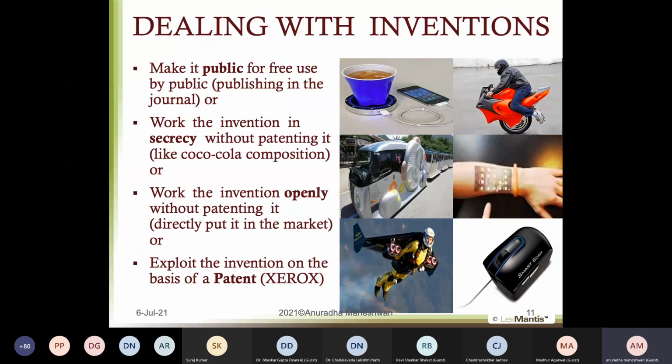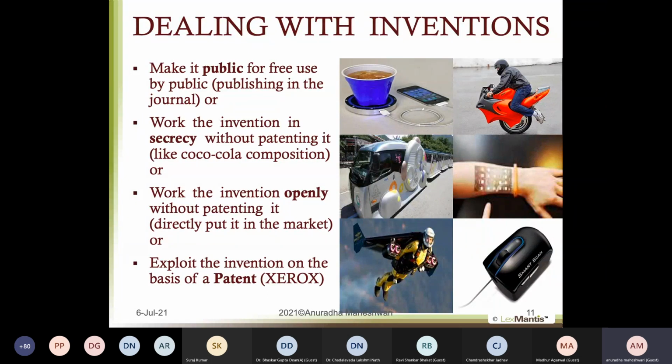So let's say they have created a different kind of stove, and they put it out in the market and start selling it until it actually gets copied. The day it is copied, their market is finished, and as long as the money kept coming, that's fine. They have made a lot of money on their invention. So this is very limited, to work the invention openly.